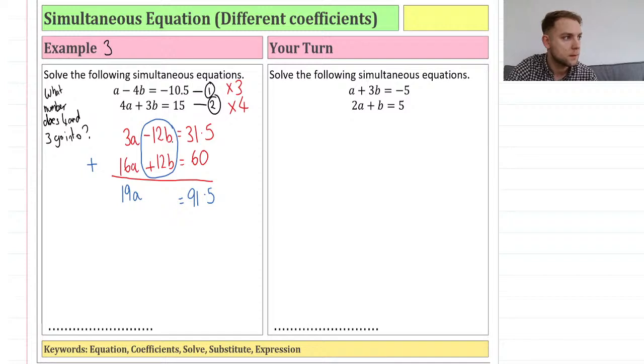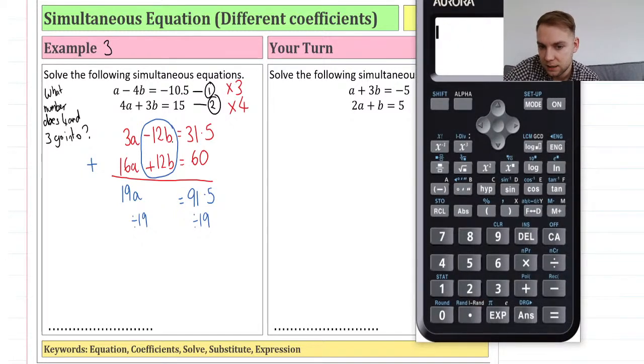So what we need to do now is get A on its own, and we do that by dividing by 19 and dividing by 19. So 91.5 divided by 19 is equal to a horrible number.